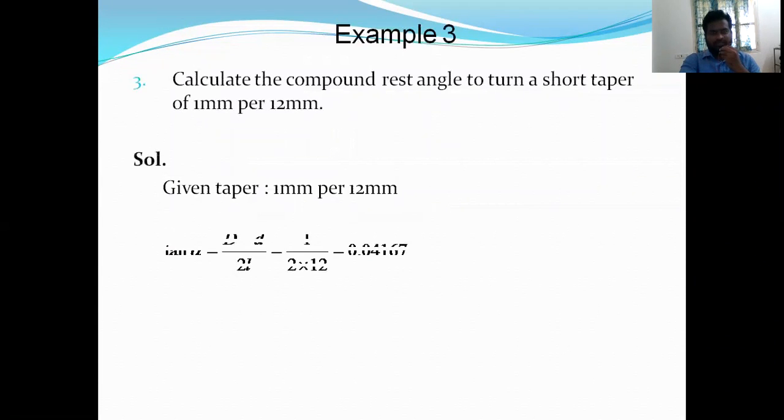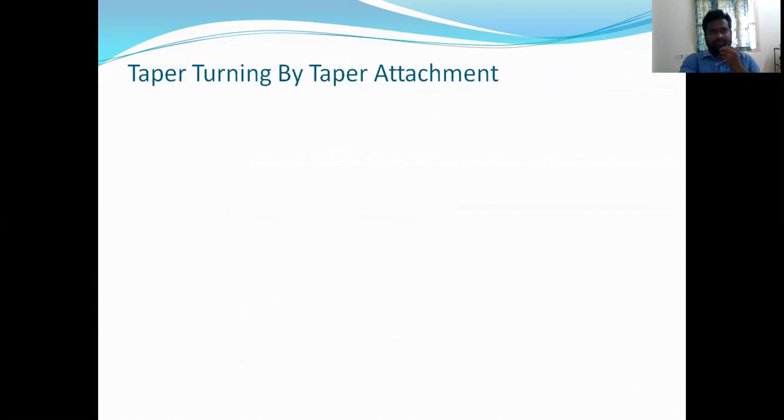Now we are moving to the next method, that is taper turning by taper attachment method. The two methods so far are the forming tool method and the compound rest method. The third one is taper turning by taper attachment method. In this method, we need some attachment.